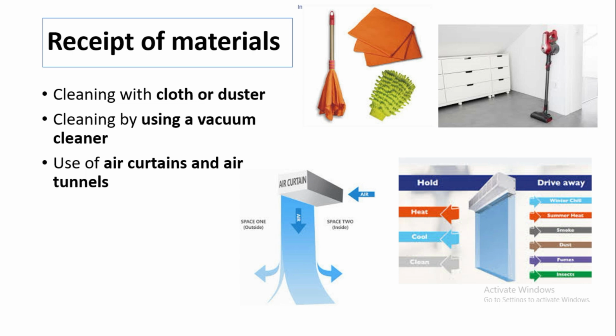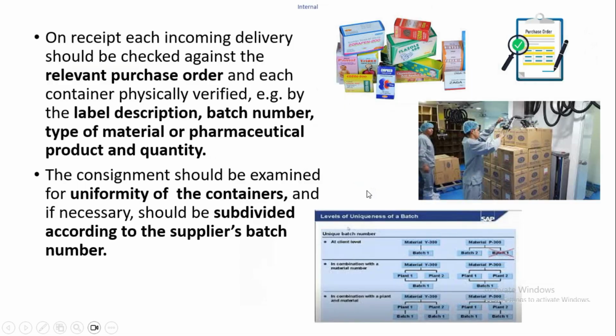If you have seen air curtains in malls or in very good quality shops, when we enter, the microbes are washed out and removed from our body, so our storage area is safe. In the image on the extreme right, heat, cold, fumes, insects, dust and smoke can all be kept out if we keep proper curtains. So this is also very important.